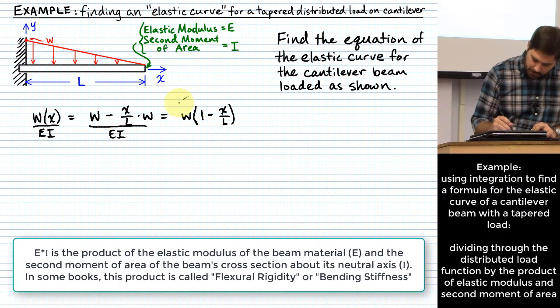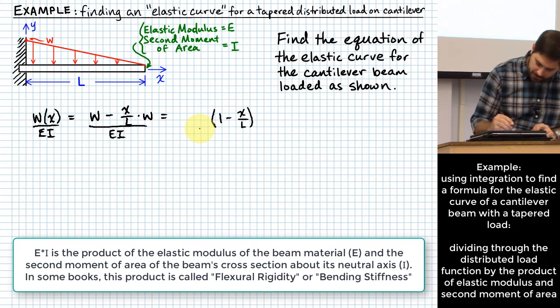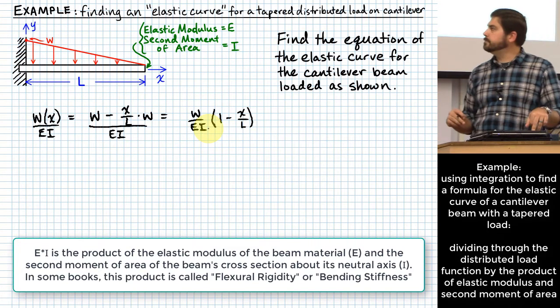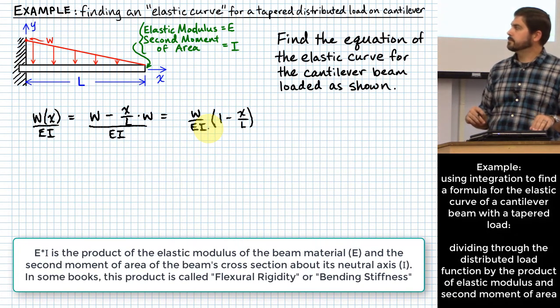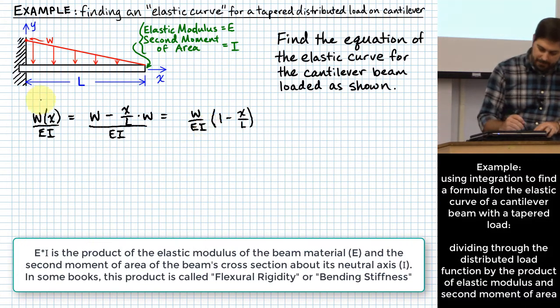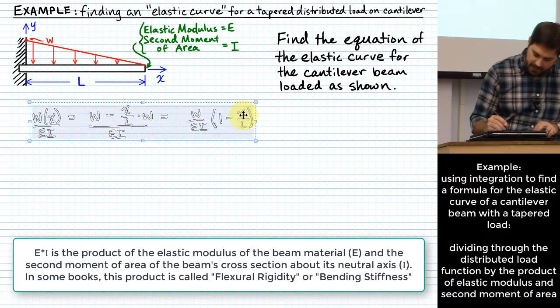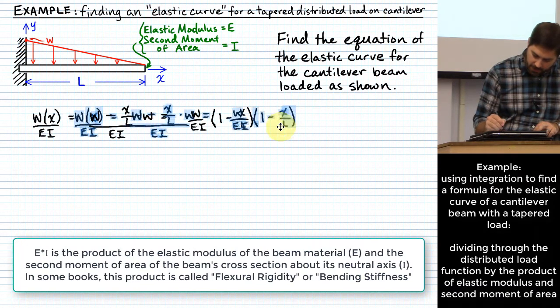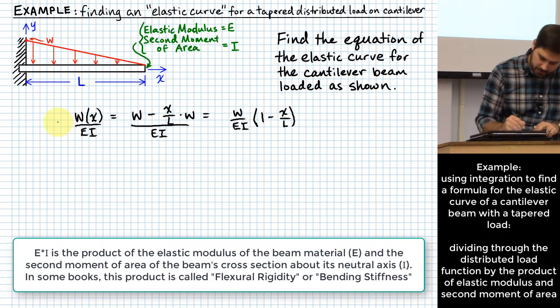Okay, and what I want to do over here is basically apply that EI with the W. So I'll say W over EI. And what I'm indicating here is that this all is going to be equal to the fourth derivative of y with respect to x.